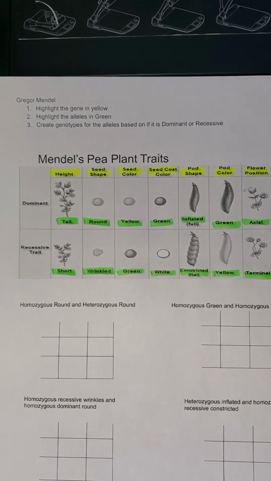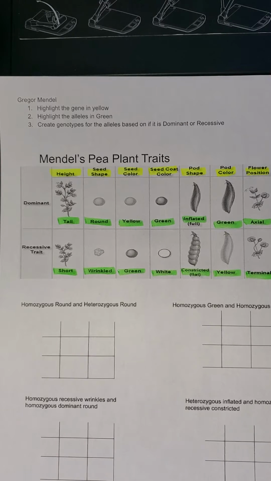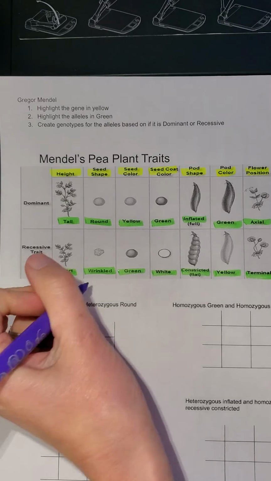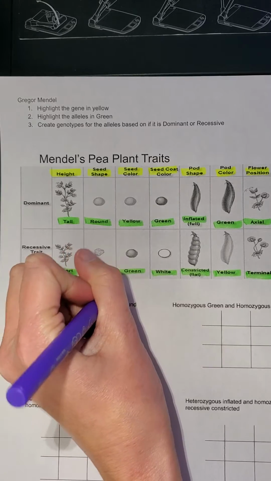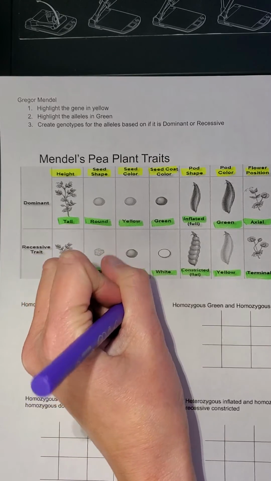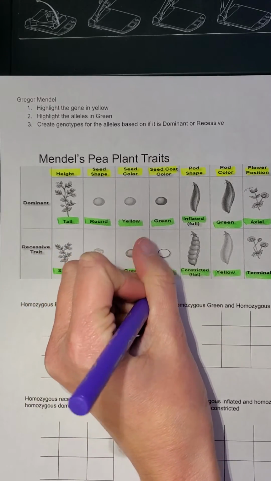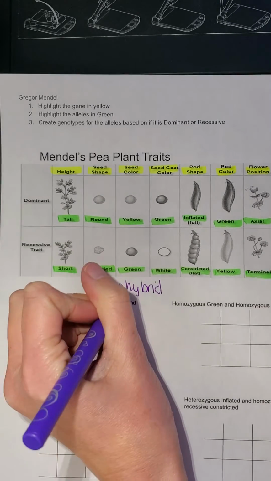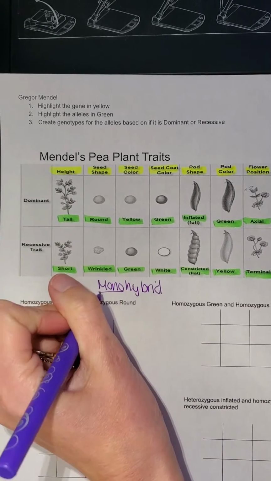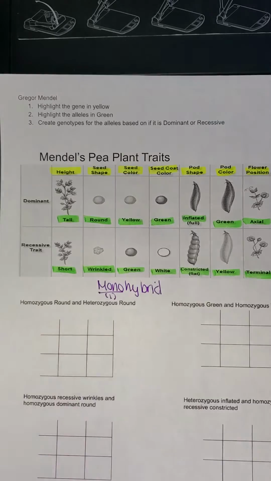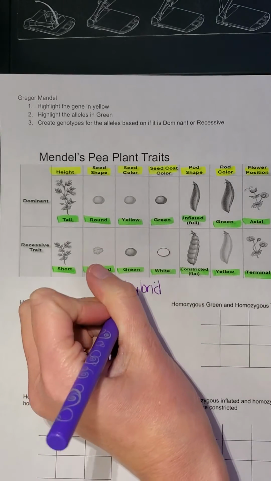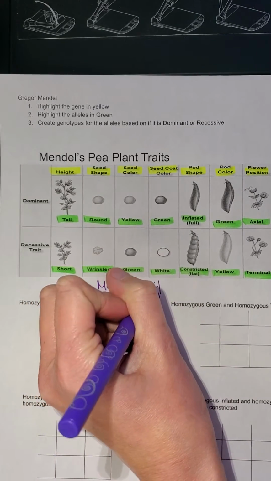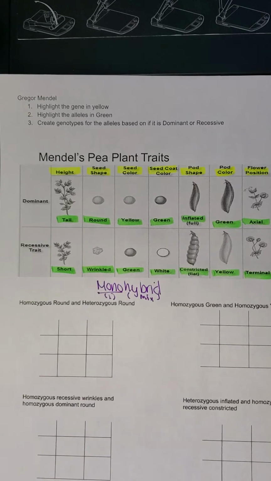Now we go down below. These are what we call monohybrids. The word mono means one, and hybrid means mix. Kind of like a hybrid car.